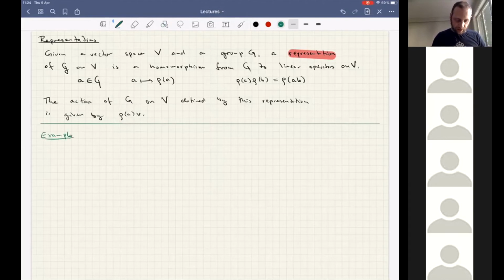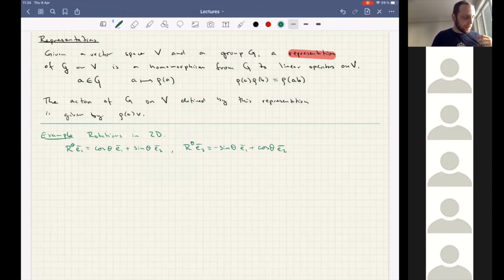Just to try an example of that, we're first going to look at the most intuitive representation that we can have: rotations in 2 dimensions. In general, a rotation by theta, if we act on E1, we get cosine theta E1 plus sine theta E2, and if we act on E2, we get minus sine theta E1 plus cosine theta E2.